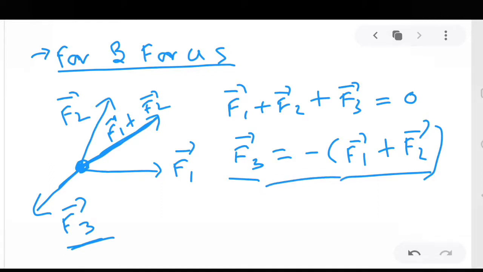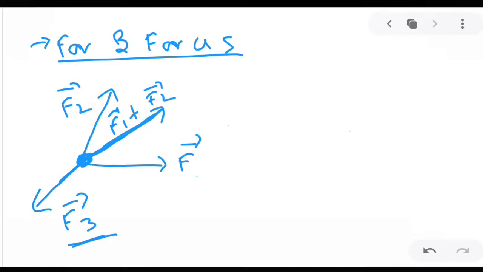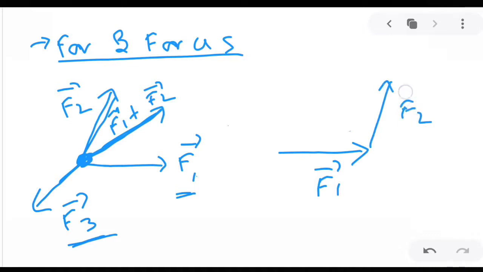But how to represent this in vector form? If the particle is in equilibrium, how to represent this in vector form? For the equilibrium condition, this is F1, and this is F2. What I am doing is shifting these vectors parallel to themselves. During lateral transformation, the properties of the vector remain invariant.